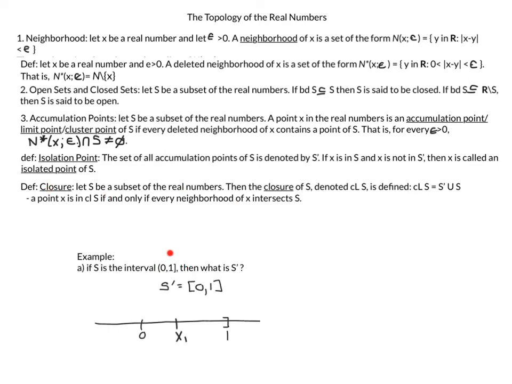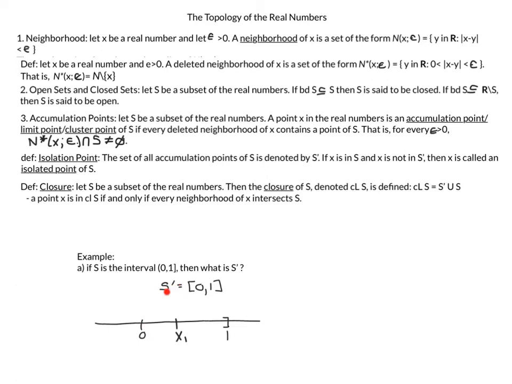So let's look back at that example with a half open interval 0 to 1, where we said the set of accumulation points would now include 0, and the reason is every deleted neighborhood of 0 would have an intersection with S, because every deleted neighborhood of 0 has some elements a little bit greater than 0.